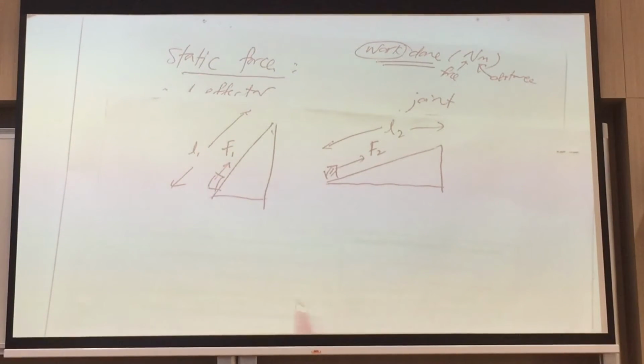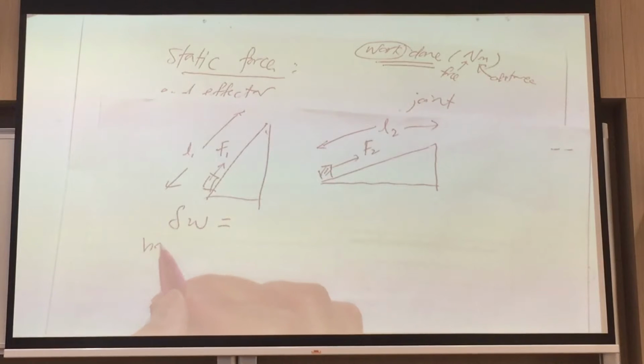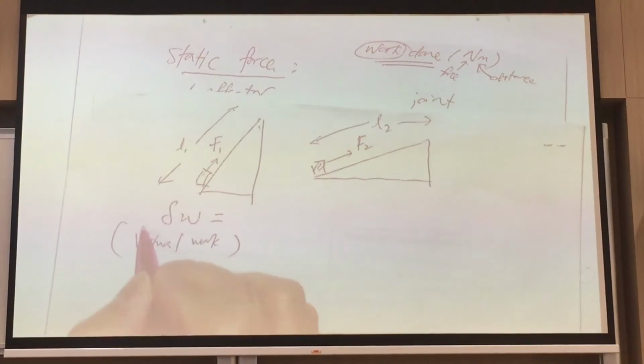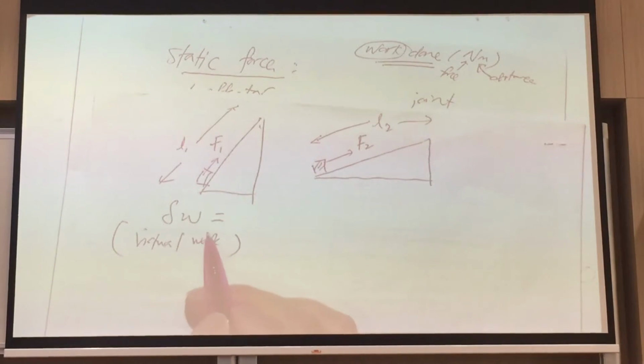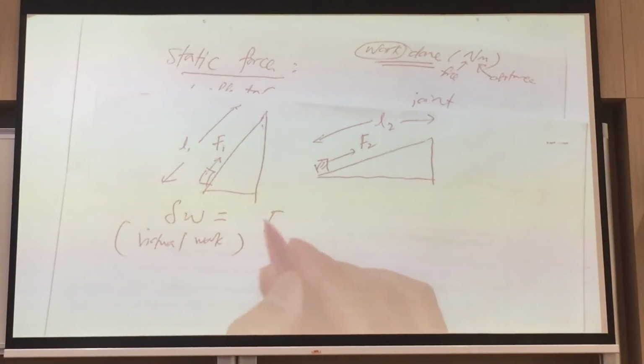I want to define the concept of virtual work. This is about basic mechanics again. The concept of virtual work says that the work done is F1 and the distance is L1, you move a distance of L1.